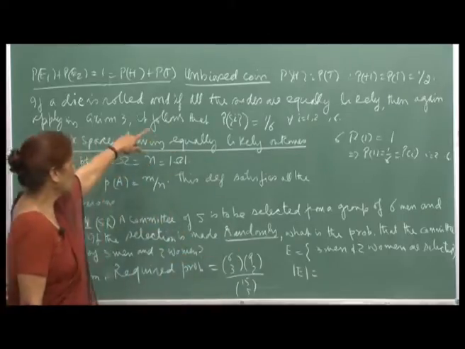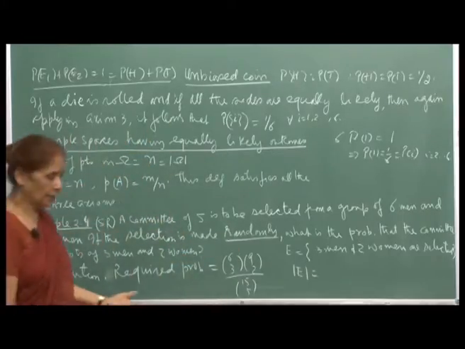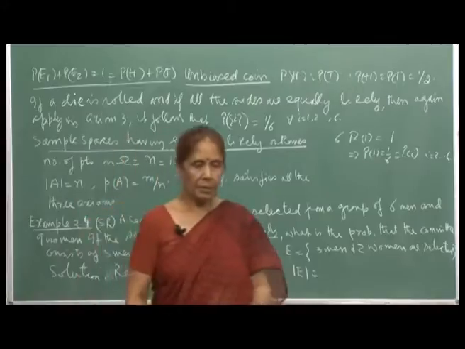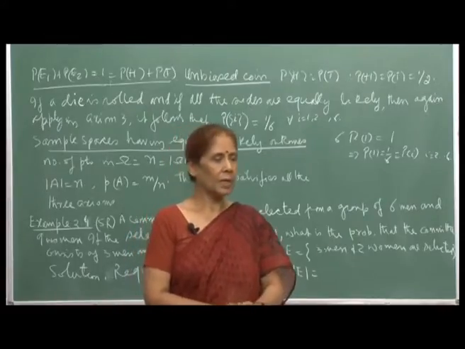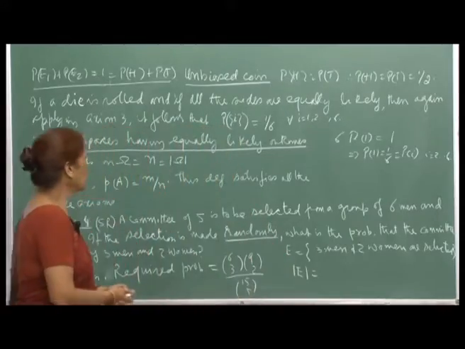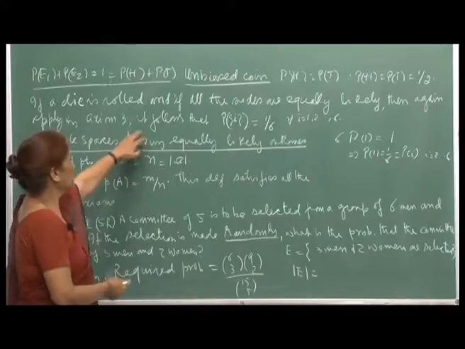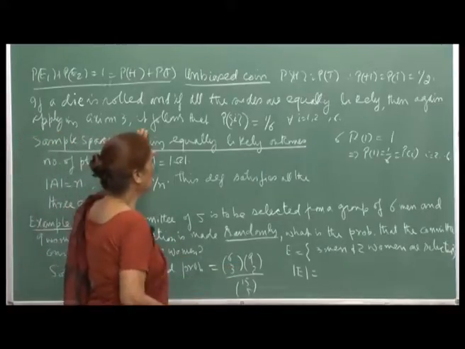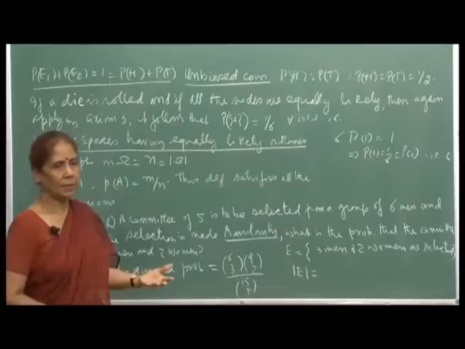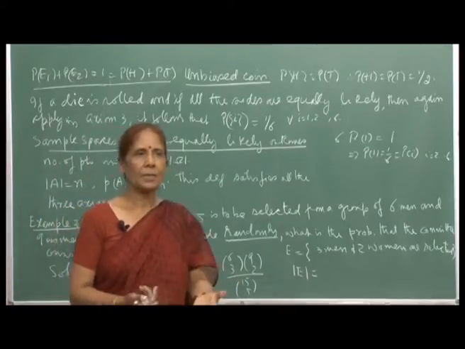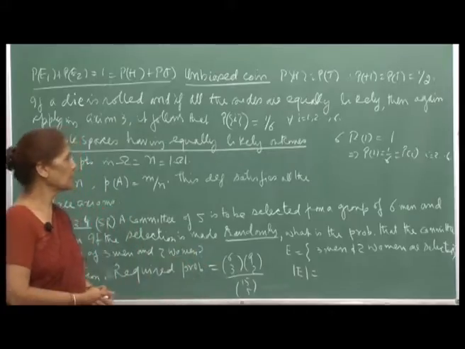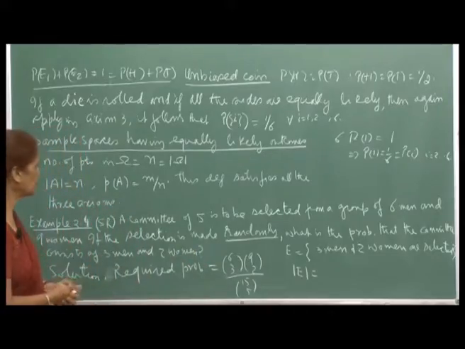That is how I showed you these two examples: when you are throwing an unbiased coin, you know that whatever the outcome has the same probability, a head showing up or a tail showing up, they are the same. Similarly, if you are throwing a die and you have no reason to say that it is a loaded die or a biased die, then we expect that any of the 6 numbers will show up with the same probability.